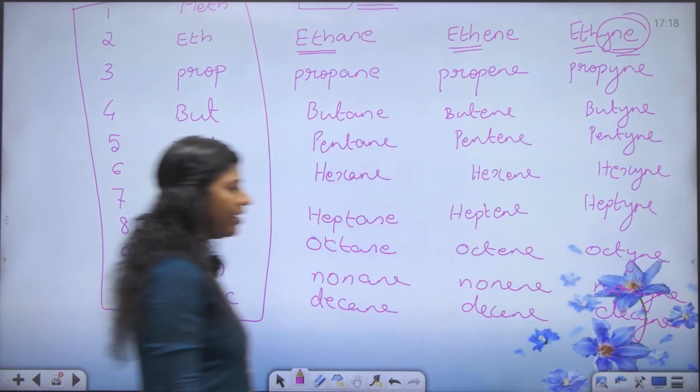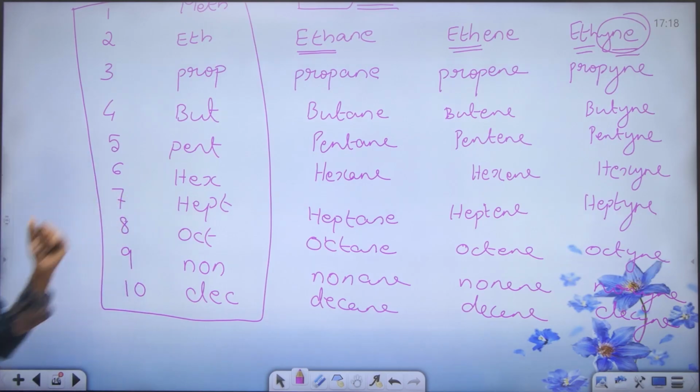Okay. Learn the word roots by heart: 1 meth, 2 eth, 3 prop, 4 but, 5 pent, 6 hex, 7 hept, 8 oct, 9 non, 10 dec.